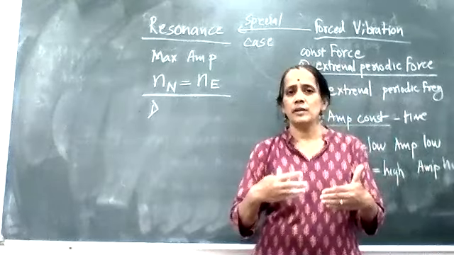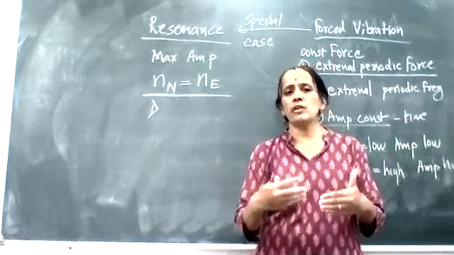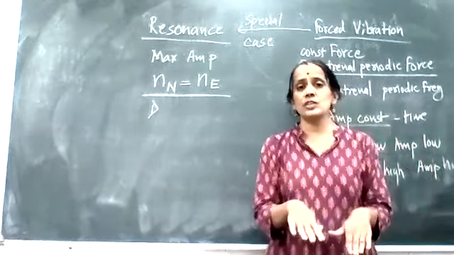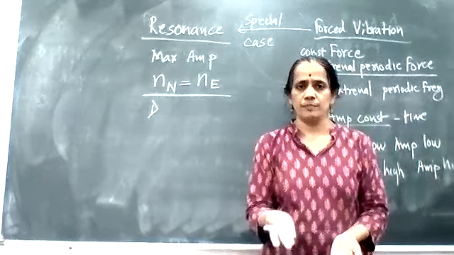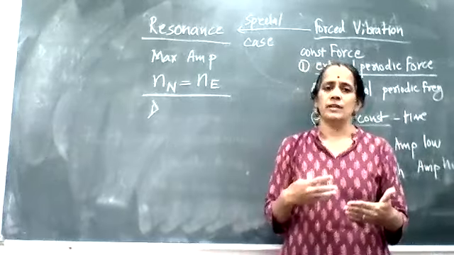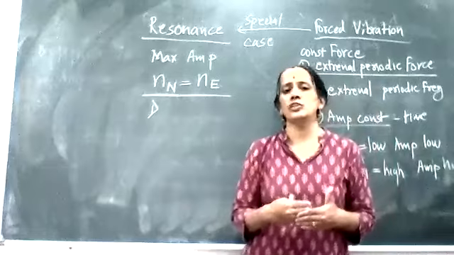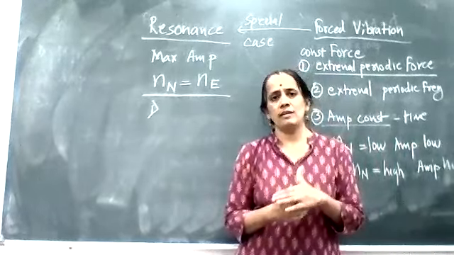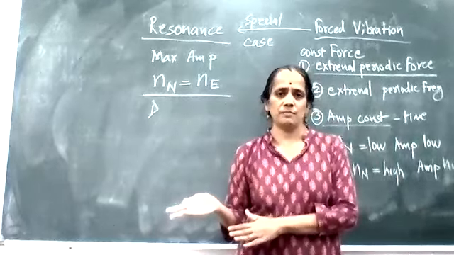If a number of Jawans march over the bridge, their external periodic frequency of marching may become equal to the natural frequency of the bridge, and the bridge might collapse. Therefore, they get that order: while crossing the bridge, Jawans should break their marching. So the resonance phenomenon has some advantages and some disadvantages.